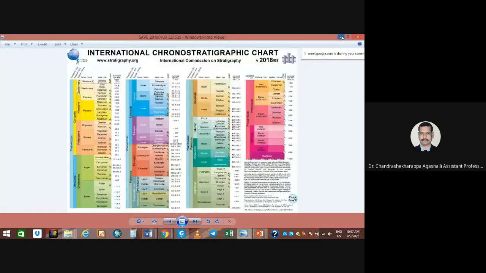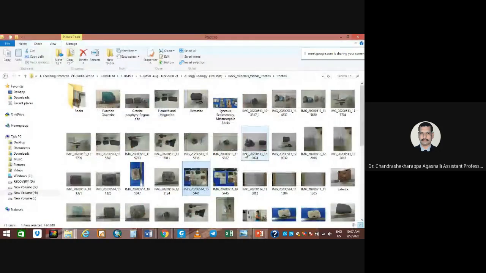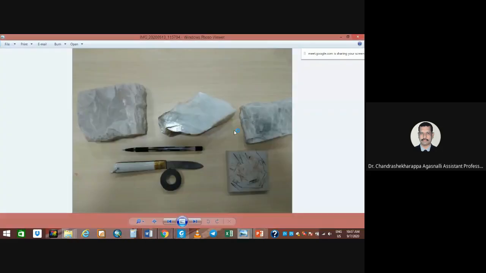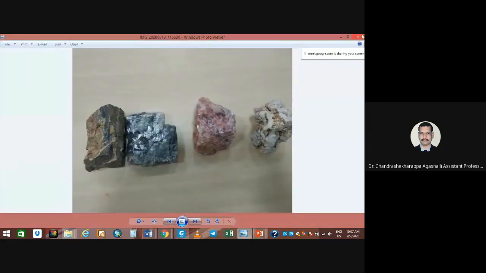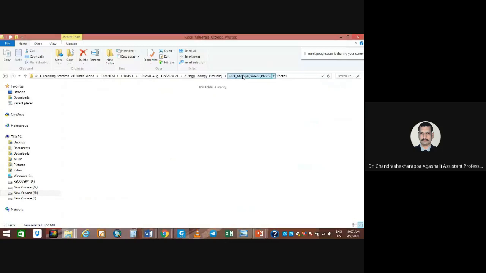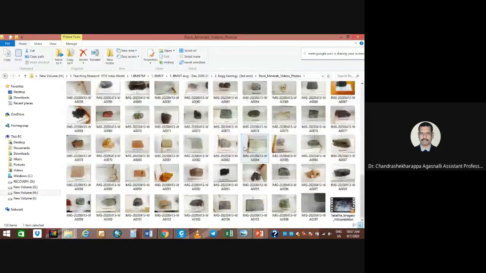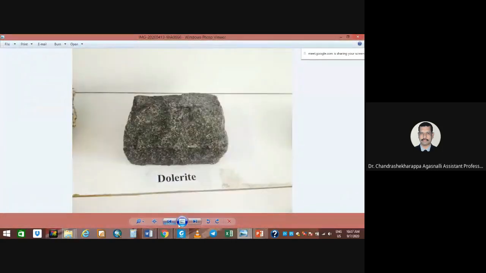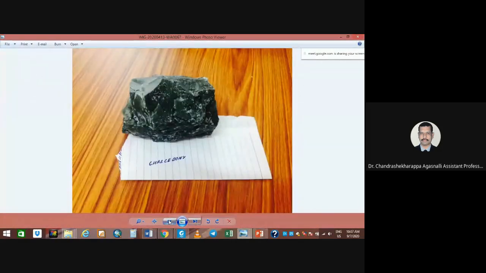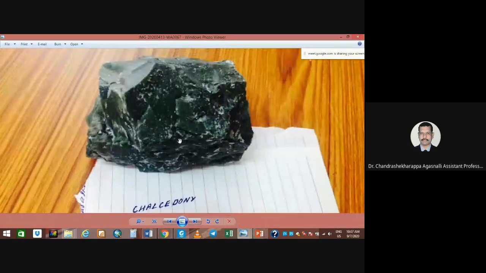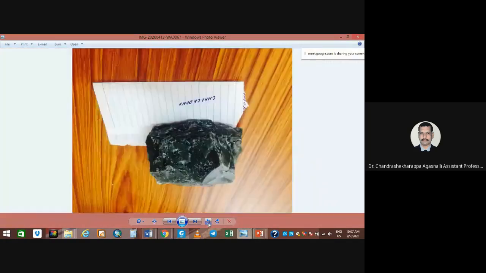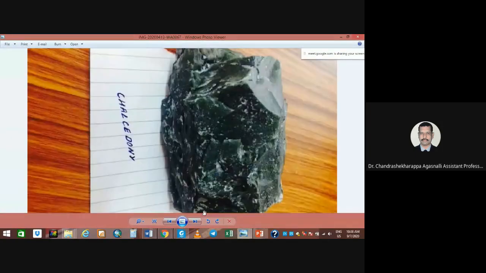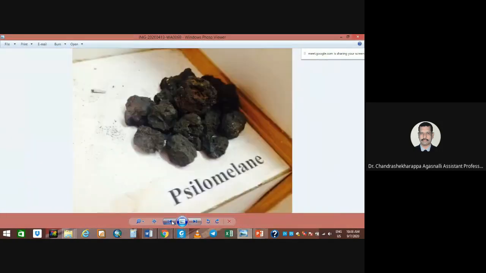Okay, I'll show you this later. To show you that conchoidal fracture. Yes, here you can see this. It may not be properly there. Let me show you some mineral if it is there.